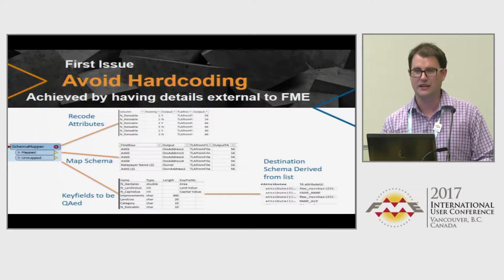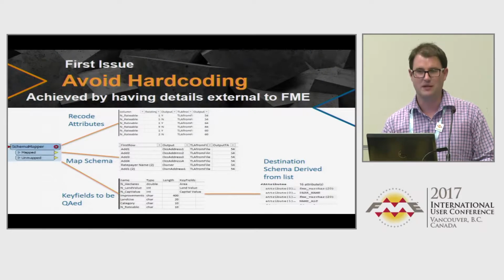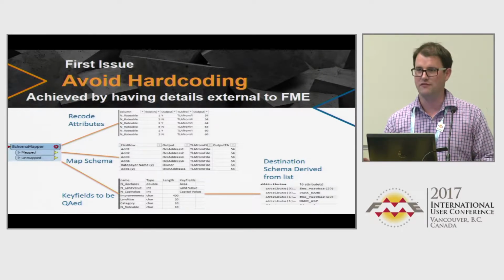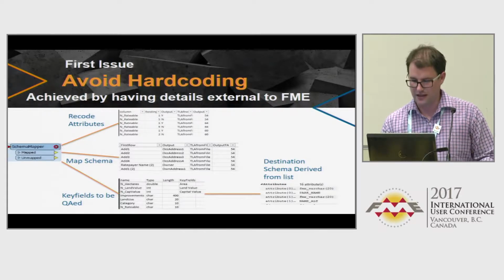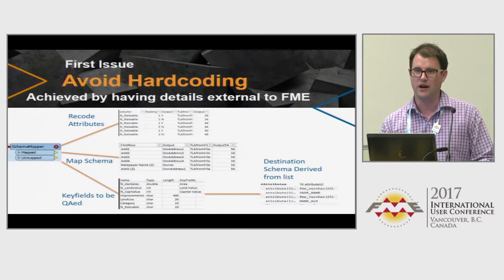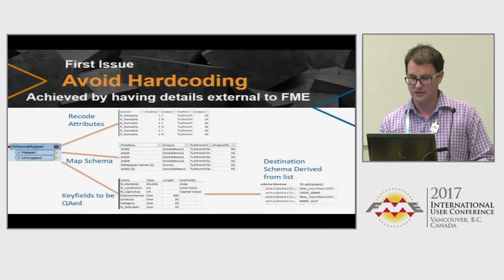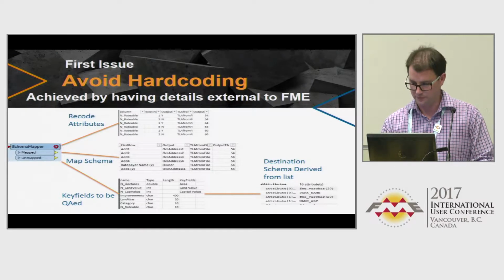But this way, I can create an association in the schema mapper that would allow me to get those associated fields and do a whole bunch of QA on them. And then out on the other side, I would actually create a schema, an output schema derived from an input list. So the schema on my writer doesn't exist. It actually gets created from the list that's attached to each feature.